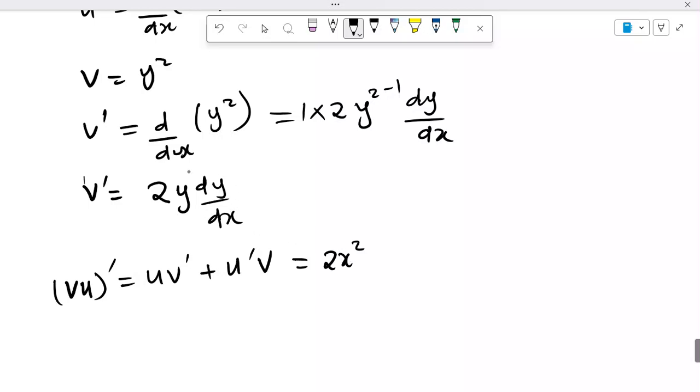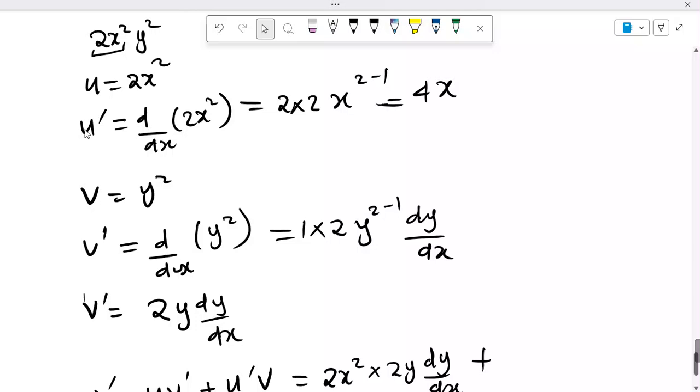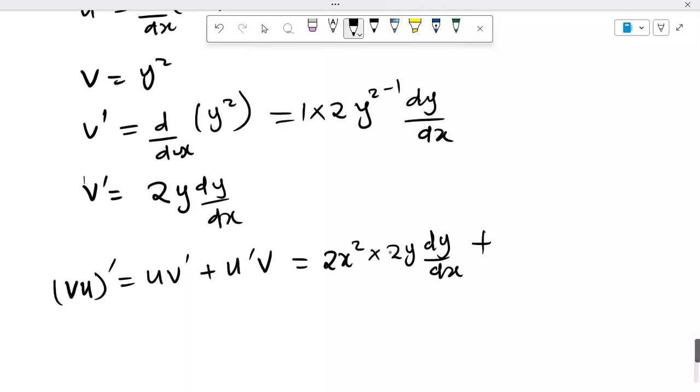What is v prime? v prime is this, 2y dy/dx, plus what is u prime? u prime is this, which is 4x, multiplied by what is v? v is y squared.